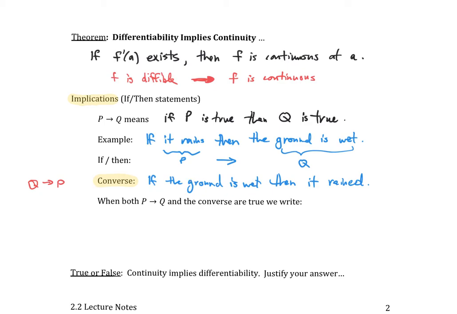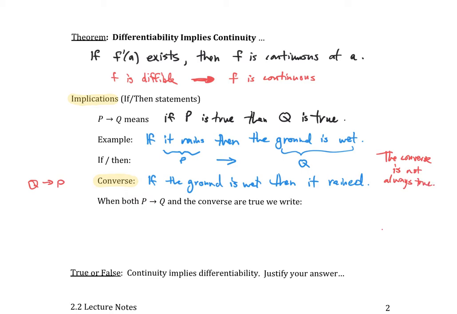There could be many reasons why the ground is wet without it actually raining. Okay, so even if the implication is true, the converse is not always true. So I guess I should mention that the converse is not always true.